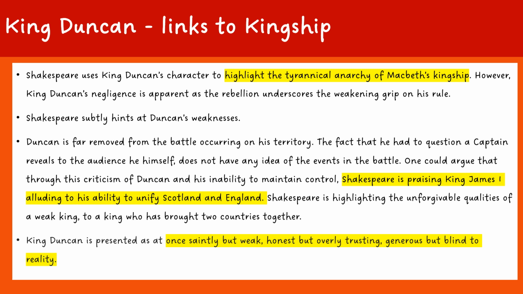So what is happening here is Shakespeare is highlighting the unforgivable qualities of a weak king to King James I, who has brought two countries together, so his audience would recognise the benefits and the good qualities King James I has.